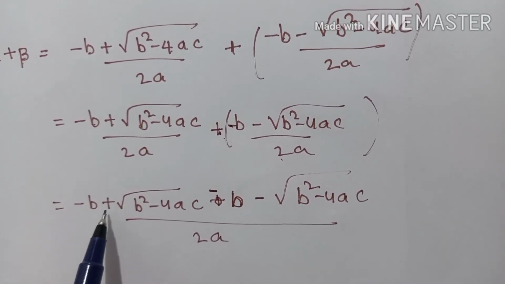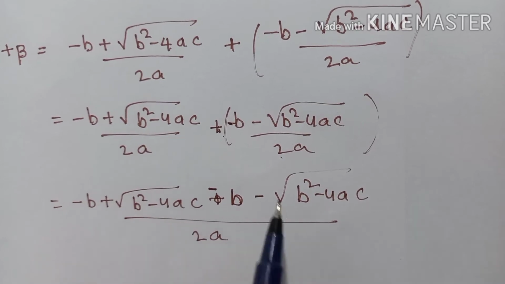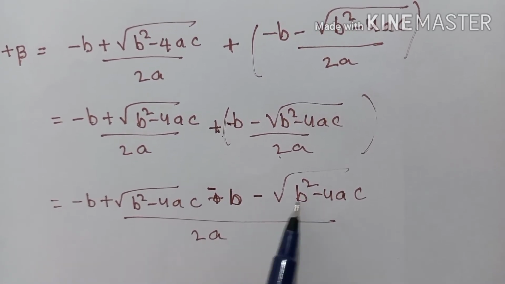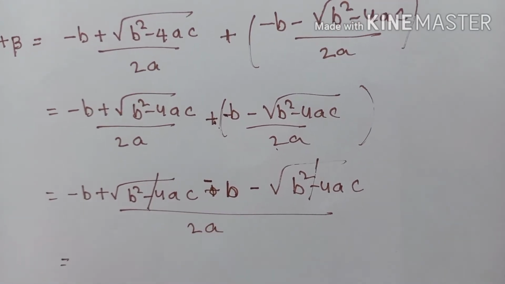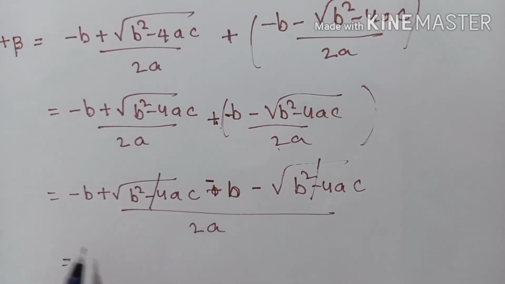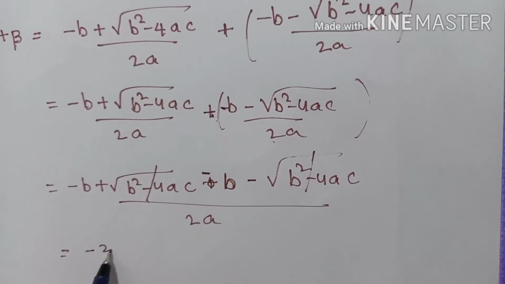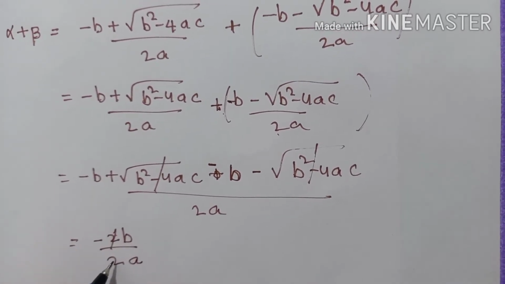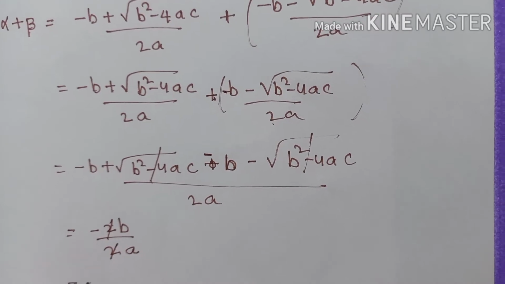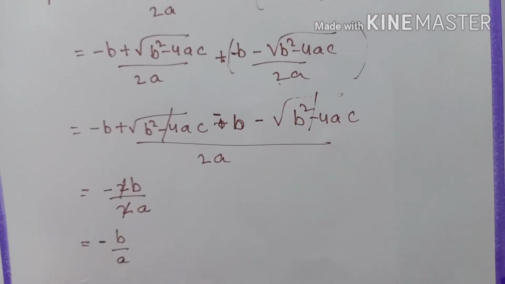Here we have plus under root b square minus 4ac, and here minus under root b square minus 4ac. So these two terms get cancelled and we are left with minus b and minus b. Minus b minus b is minus 2b by 2a. Here the 2 and 2 get cancelled, so the minus remains, that is minus b by a.